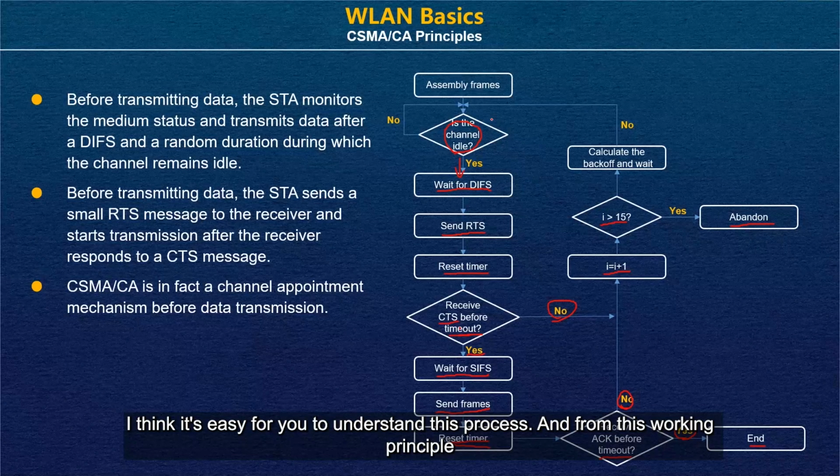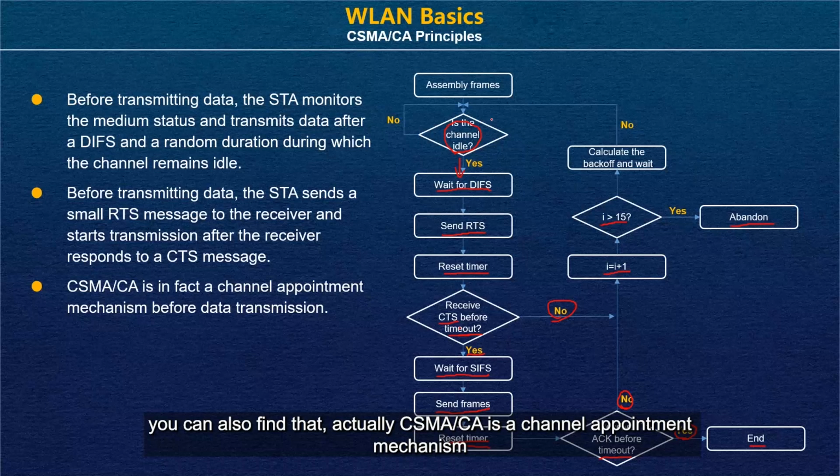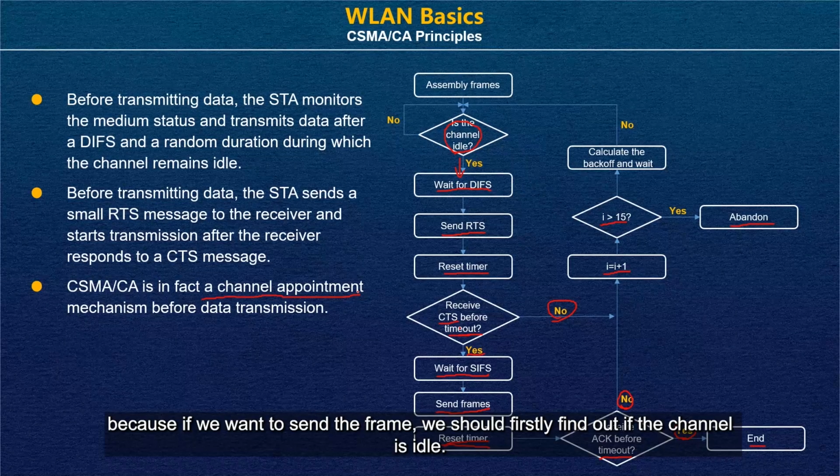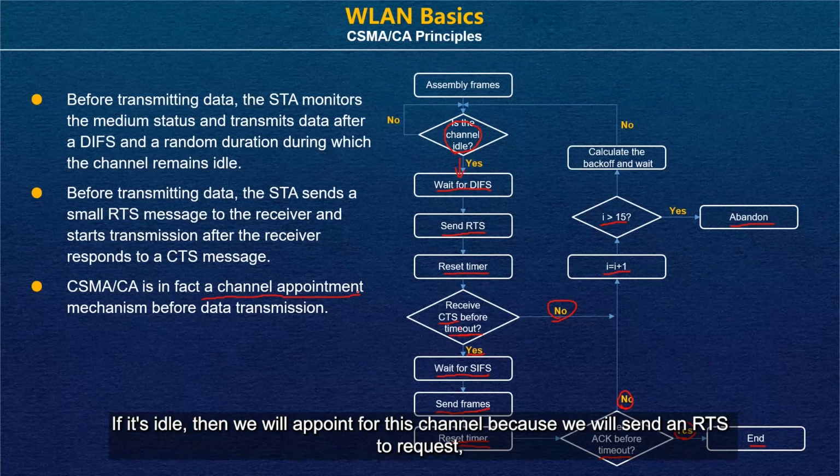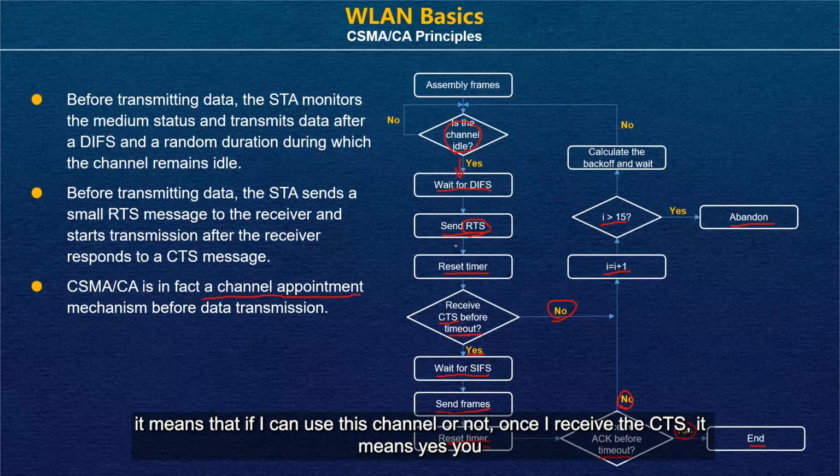And from this working principle, you can also find that CSMA CA, in fact, is a channel appointment mechanism. Because if we want to send a frame, we should first find out if the channel is idle. If it's idle, then we will appoint for this channel because we will send an RTS to request whether I can use this channel or not.